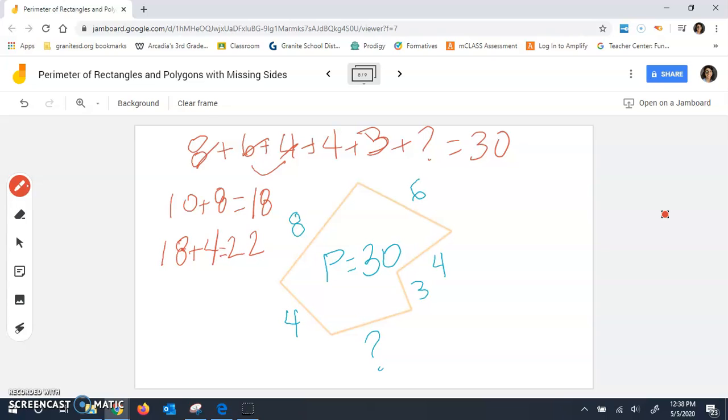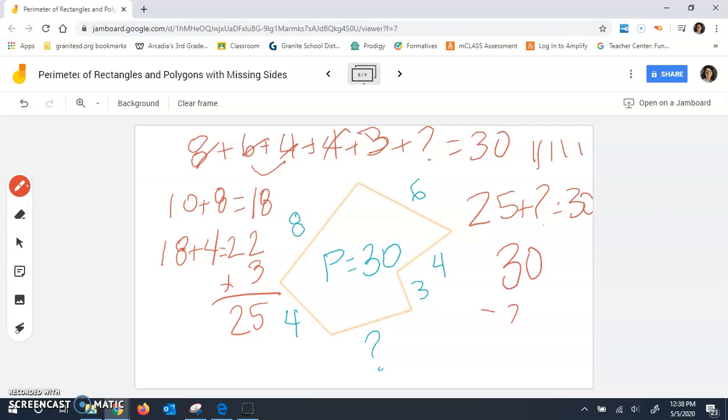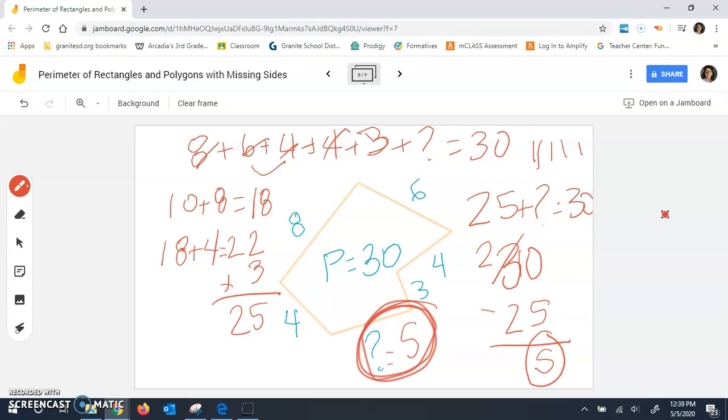Now add that last 3: 25. So same thing, 25 plus something gets us to 30. You could count 25, 26, 27, 28, 29, 30, or subtract 30 minus 25. So our 3 becomes a 2, 10 minus 5 is 5, and our answer is 5. So this question mark is equal to 5. That's all it's asking. It's not asking for the perimeter, it's asking to find this missing side because they already gave you the perimeter.